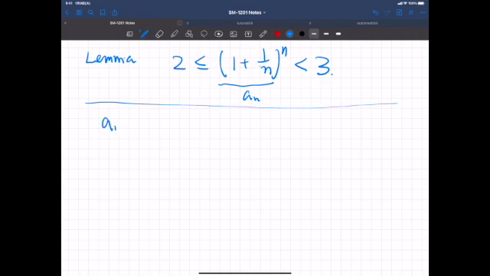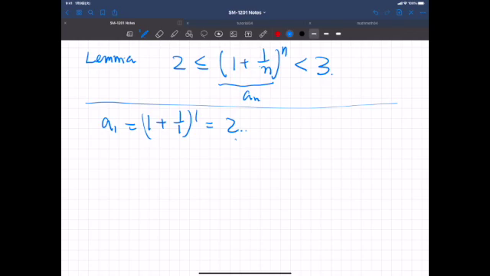First of all, a1 is 1 plus 1 over 1, to the power of 1, which is 2. So the first term is 2, and we have just shown that this sequence is monotone increasing. So every other term is greater than 2. So a2, a3, and so on, they are all greater than 2.